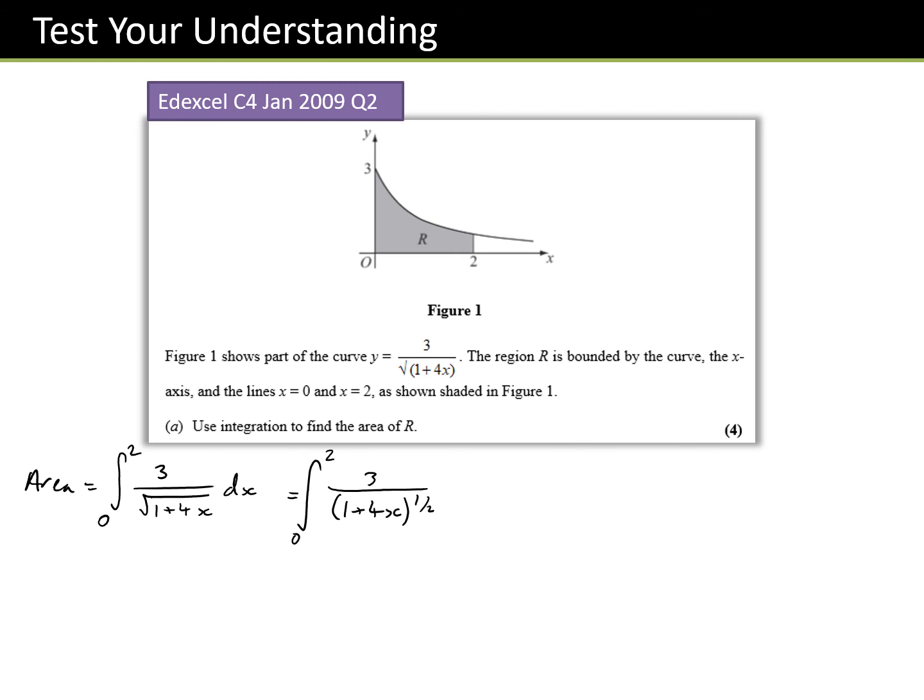Because it's all in a square root, you can write it as power of a half. And now here, as I was saying earlier, you have a power across the entire denominator. When you have a power across the entire denominator, you can write it as a negative power.